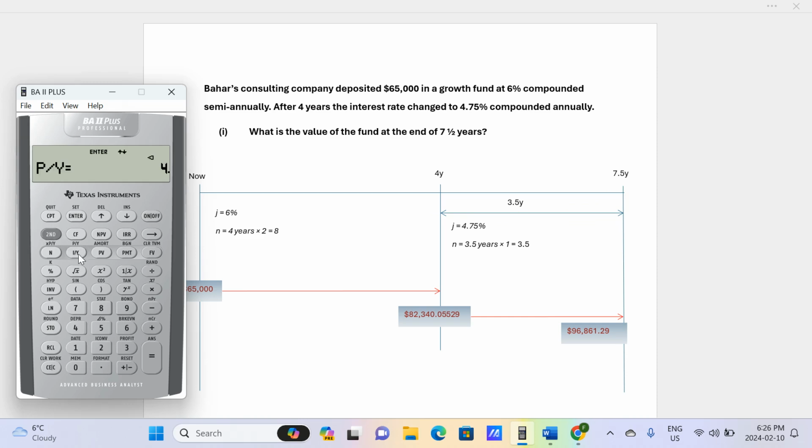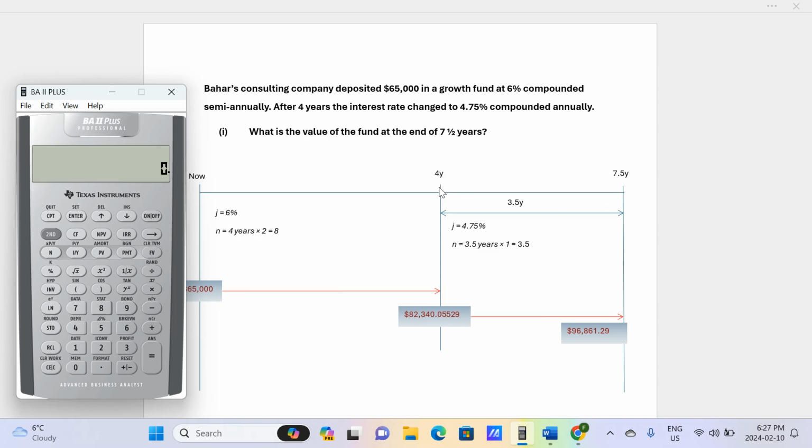Second, IY. So I'm gonna change PY to 2 because compounding is semi-annually. So 2 and then enter. Look at here, I have set PY in the calculator semi-annually. Second quit. Now I'm gonna enter N, IY, PV, PMT, and future value, and at the end, compute future value because I'm looking for future value after 4 years.